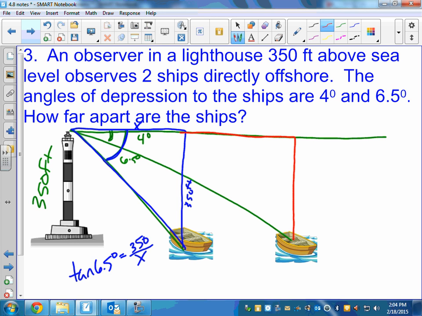It's going to be this big giant triangle. Do you see that? With 4 degrees. This is still 350. But now I'm finding this whole distance here. I'm going to call that y. And I'm just going to say the tangent of 4 degrees equals 350 over y.